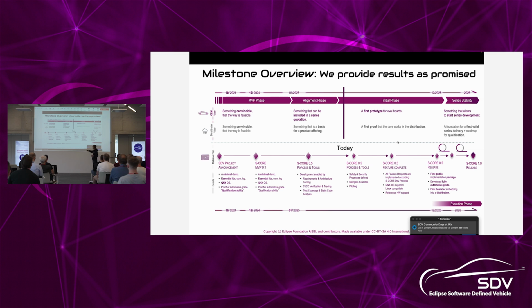But now we are moving more and more into show me the real code, bring the features, what is going to run, how do you test it, and how do you qualify it later on. A lot is still happening in processes and tools, but we are also heading in the direction of feature complete for 0.5, which means we will have logging functionality, communication functionality, inter-process communication in specific, and then a fixed execution order component as the first thing that runs on the S-CORE stack.